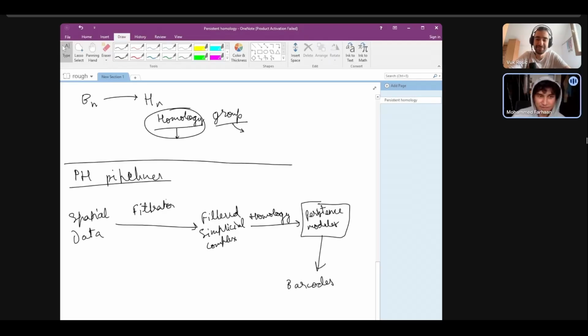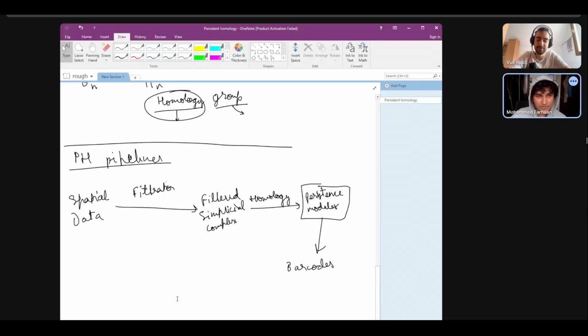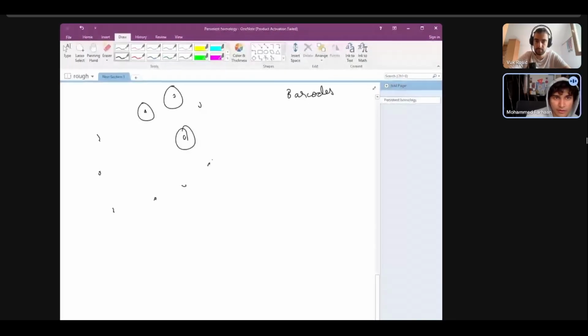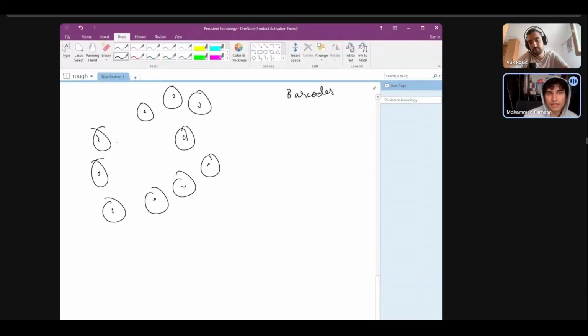In typical persistent homology, you are taking points and you're growing balls around them, of a radius epsilon, and you're going to keep increasing them until everything is connected.